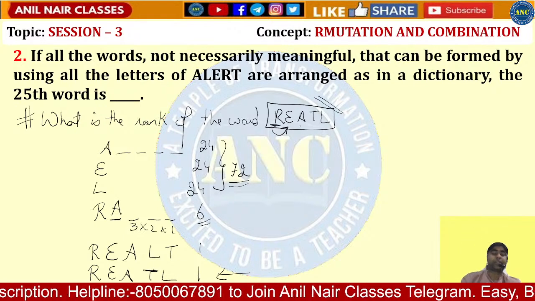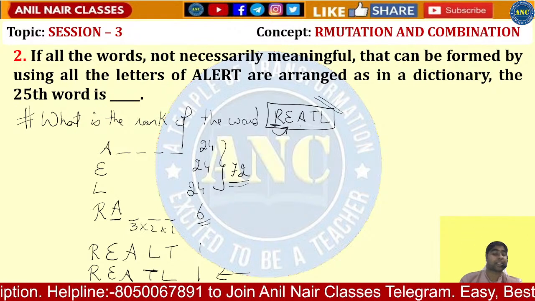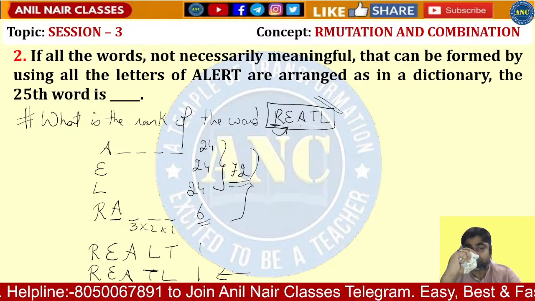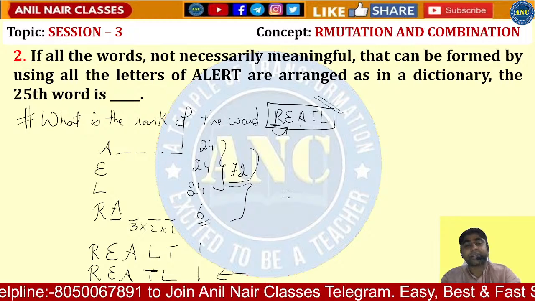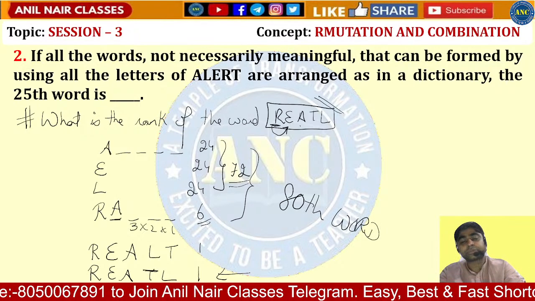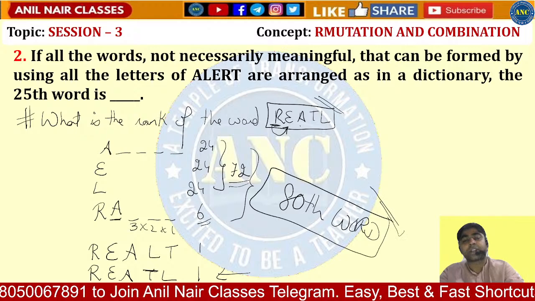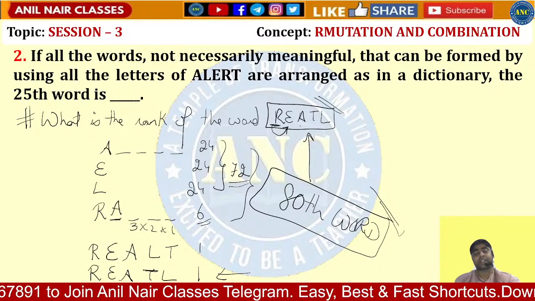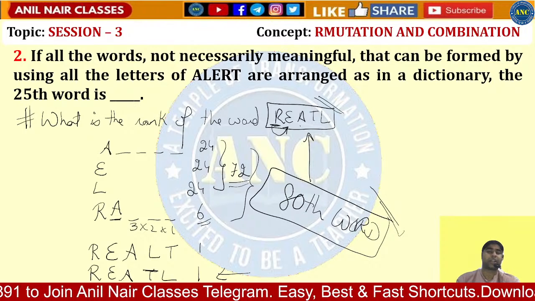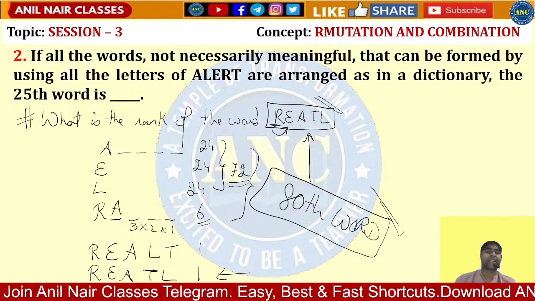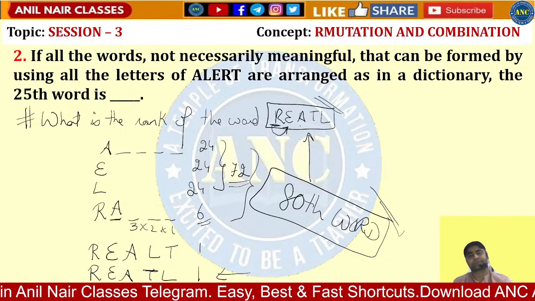The summation would become my answer. Okay. So 72 plus 6 would be 78 plus 2, 80. So the 80th word would become my answer for the rank of the word REATL. Okay. So this was the second concept I wanted to discuss here.